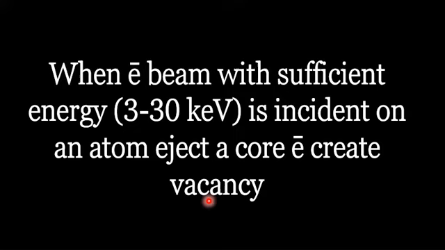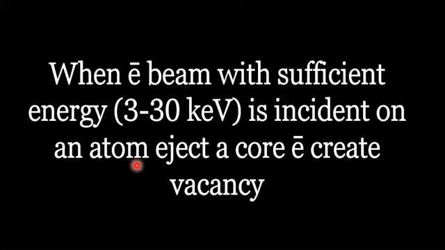In Auger electron spectroscopy, an energetic electron beam with energy of 3 to 30 kilo electron volt is incident on an electron of an atom which is present in a core shell.